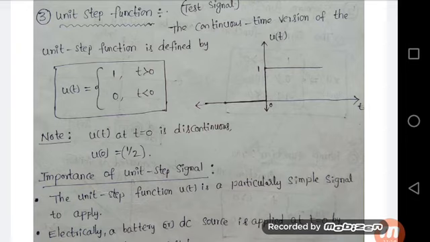That means the wave behavior depends on upper and lower states using zeros and ones. Here u of t at t equal to 0 is discontinuous, u of 0 equal to half.